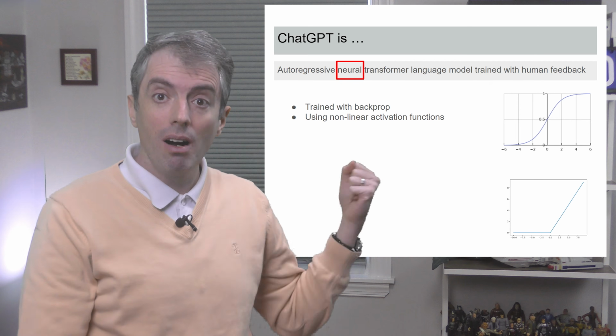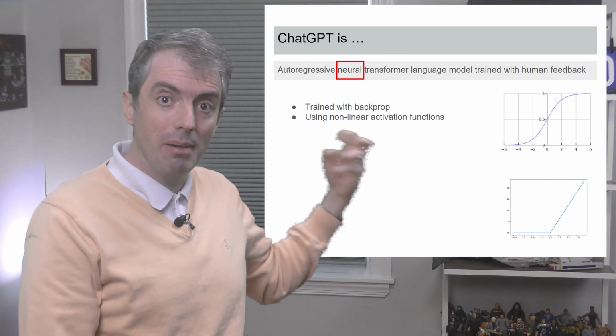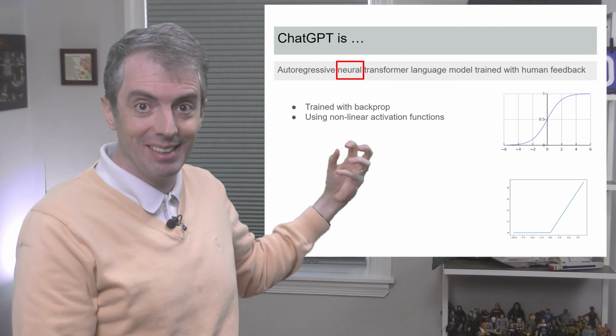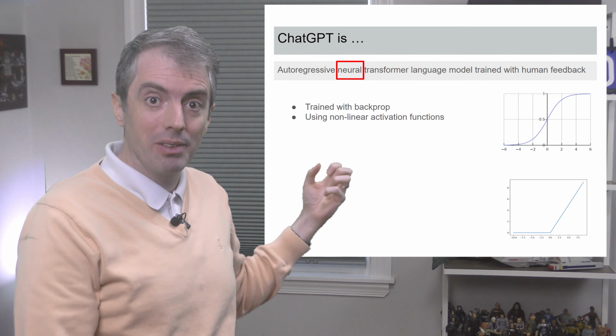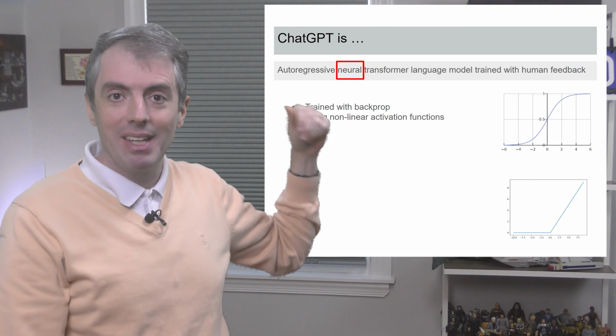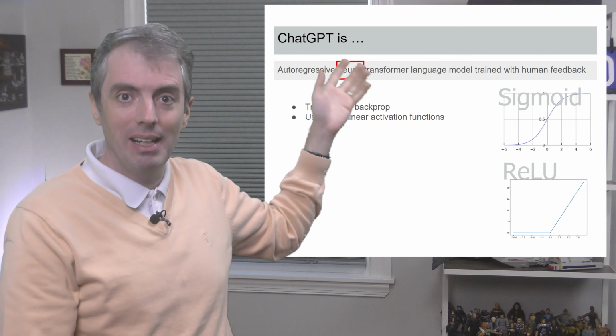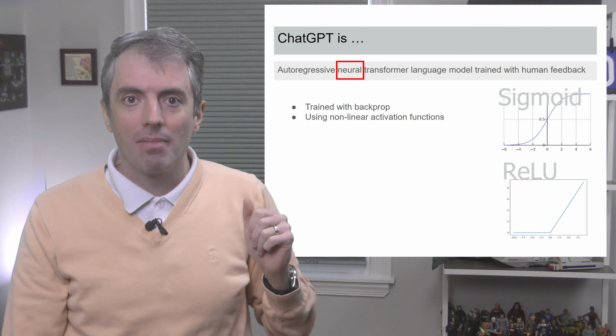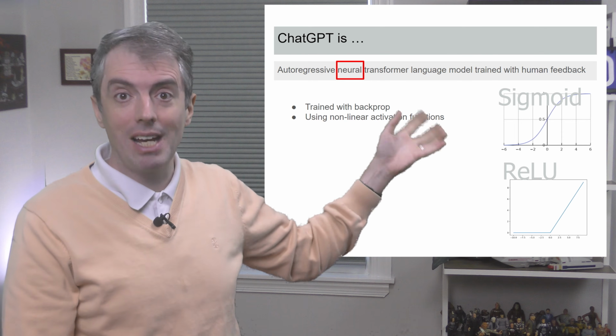Nonlinearities are when you have some aspect of a system where the input goes through a nonlinear function. And I've drawn a couple here, like sigmoid or ReLU. So that's the first ingredient of ChatGPT.